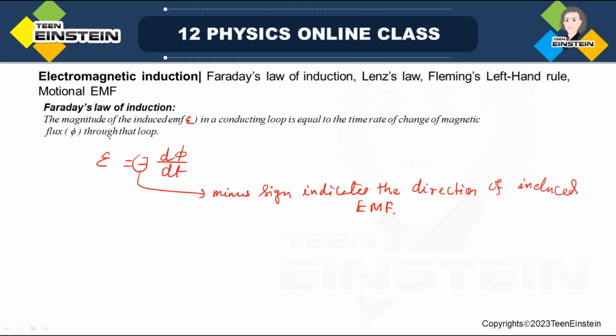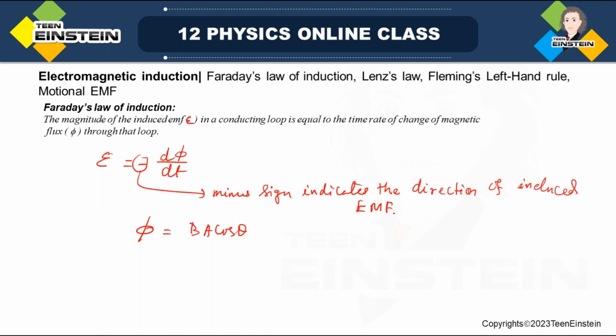Now see, what are the possible ways to change the flux linked with some coil? Phi is BA cos theta. We have already learned this. B is the magnitude of the magnetic field in the region where the conducting loop is placed.